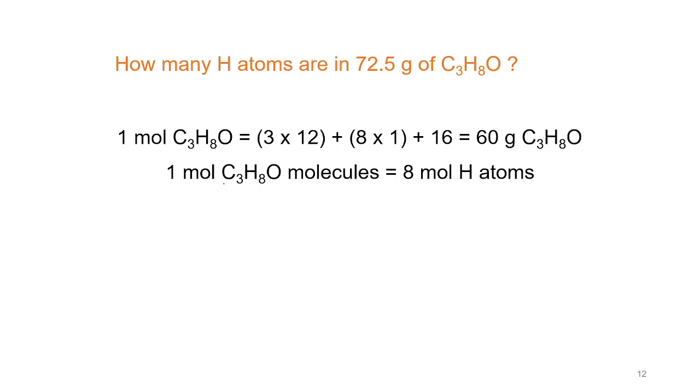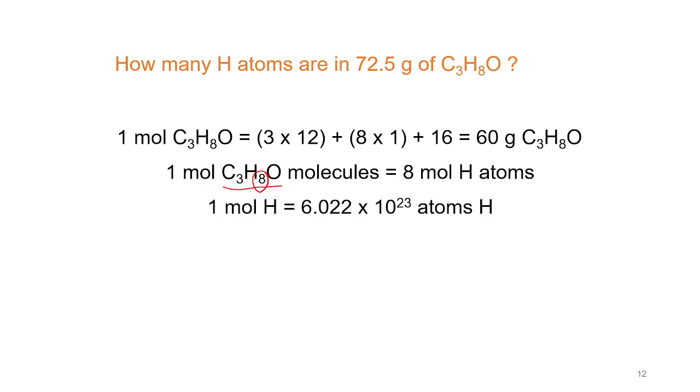So you just look at the chemical formula, look for the hydrogen, and look for the subscript of hydrogen. Meaning to say, in 1 mole of C3H8O molecules, there are actually 8 moles of hydrogen atoms. So why do we need that? Later, you will see.